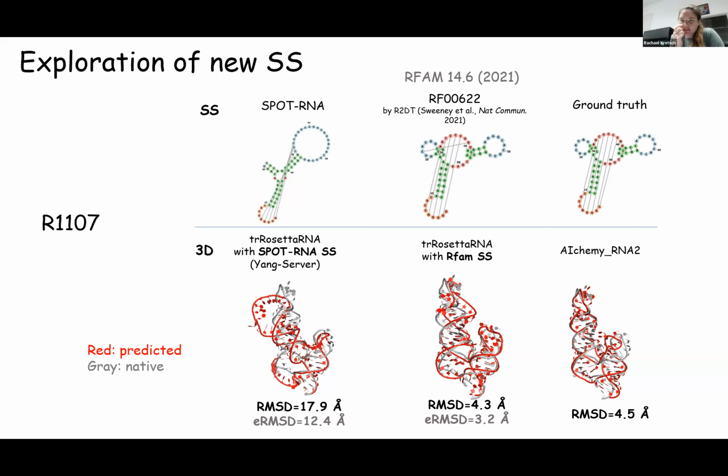So SPOT-RNA predicted the secondary structures differently between the two? Yeah. We separately predicted the secondary structure and ran trRosettaRNA. We don't consider the effect of the mutation.